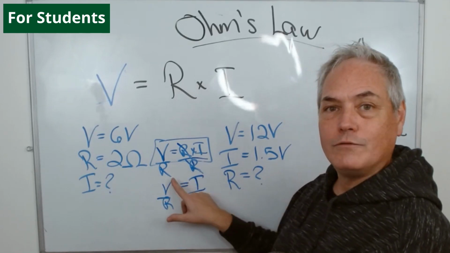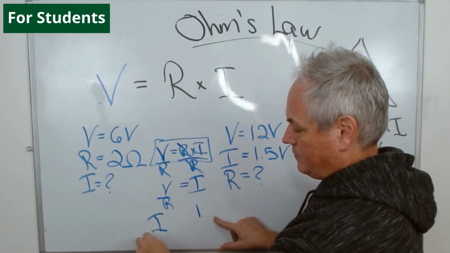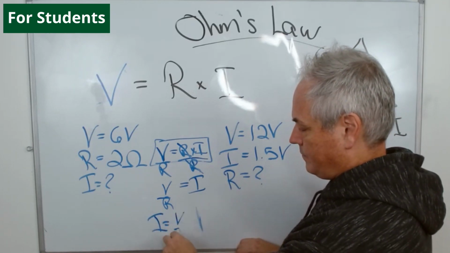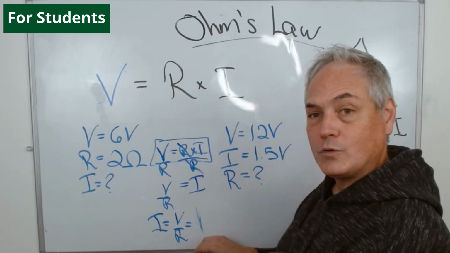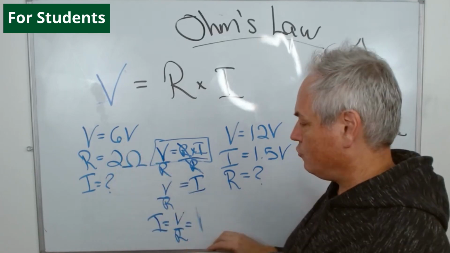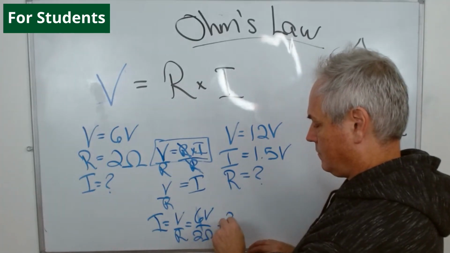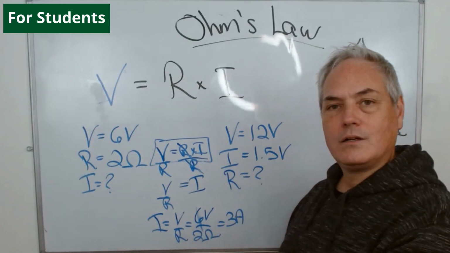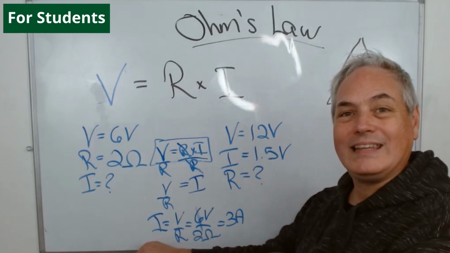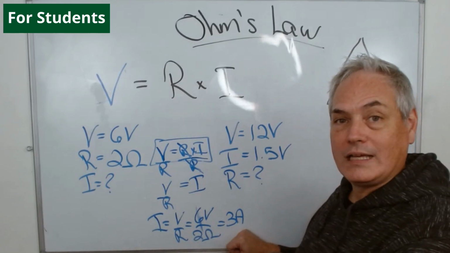The current is the voltage over the resistance. We know that the voltage is 6 and the resistance is 2. So with the calculation, the intensity of current is 3 amps.